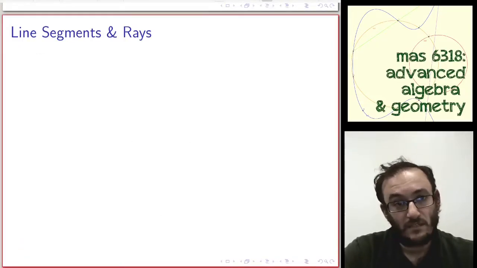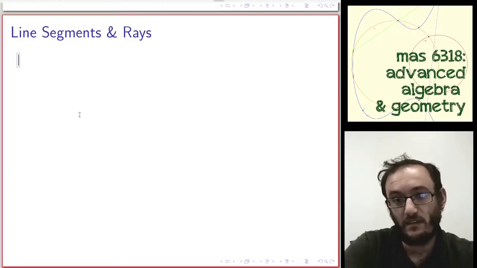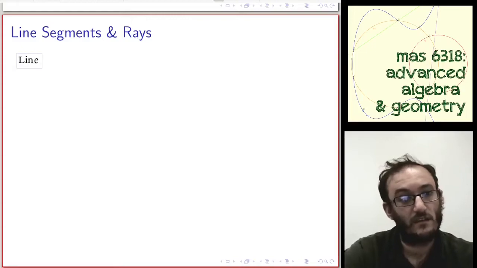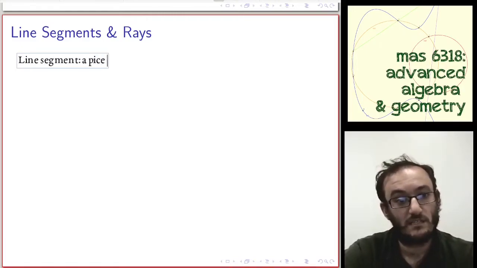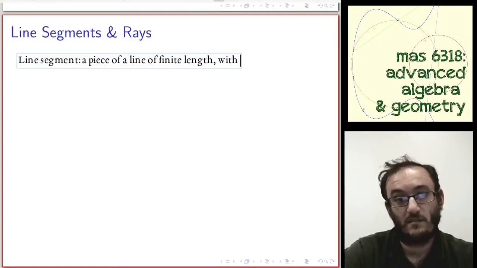A line segment is a piece of a line. So we've specified that a line has infinite length. So a line segment is a piece of a line of finite length. It has 2 points as its boundary.